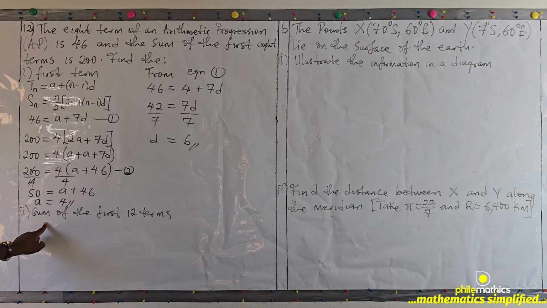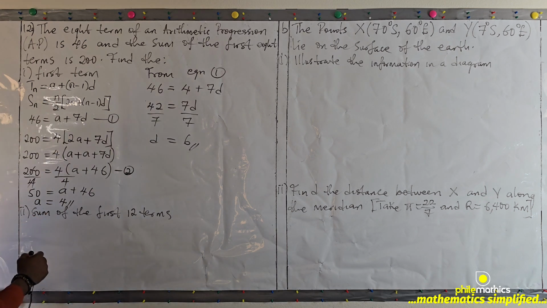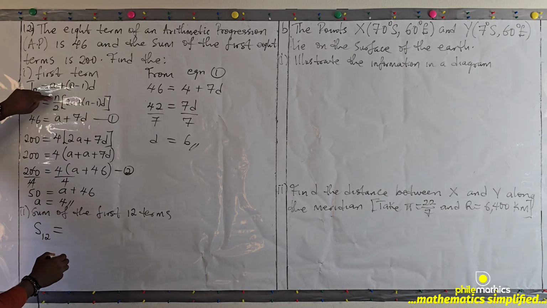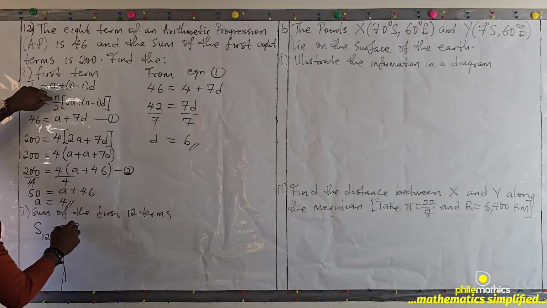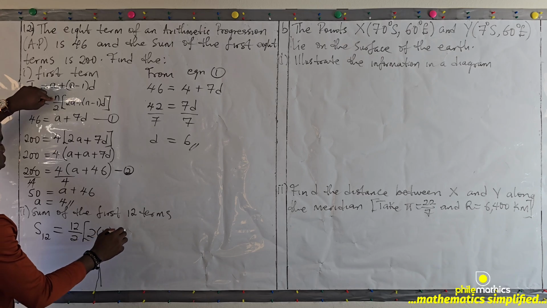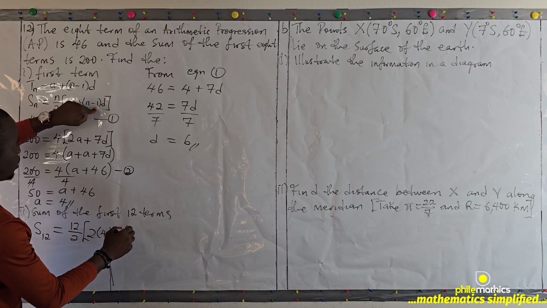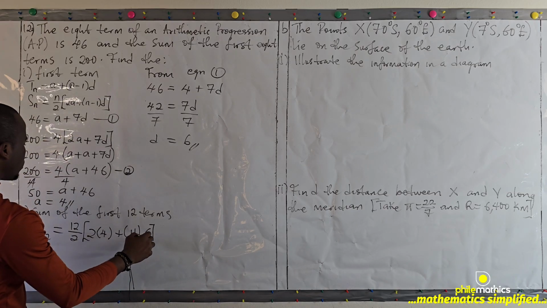Now, we are asked to look for the sum of the first 12 terms. So we use this formula again. Sum of the first 12 terms will be, since it's 12, n is 12. So 12 over 2, 2 times a, our a is 4, plus 12 minus 1, 11, and our common difference is 6.